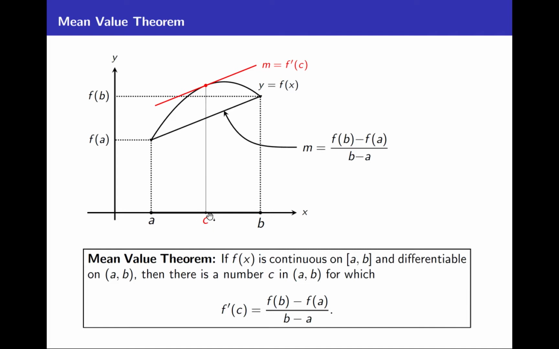That's, in this picture, this number c right here, where the slope of the tangent line equals the slope of the connecting line. The mean value theorem says that under this hypothesis, you can always find such a number c.